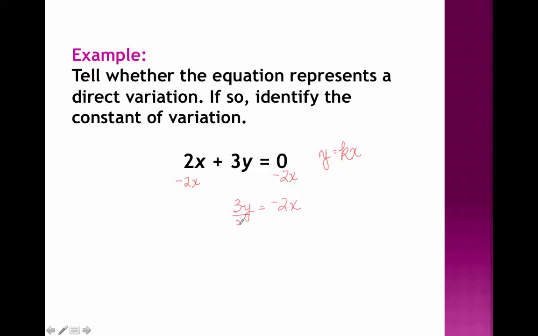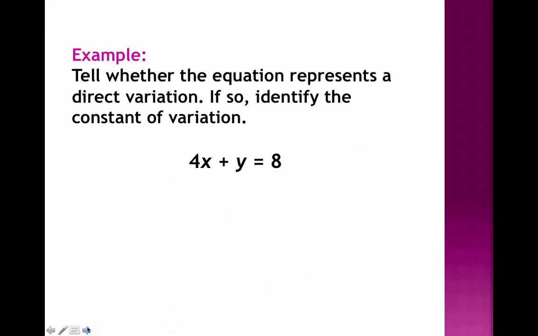And then I'm going to divide by 3 both sides to isolate my y. So I get y equals negative 2/3 x. So my k is negative 2/3. My constant of variation is negative 2/3. My y varies directly with x. That constant of variation is negative 2/3.